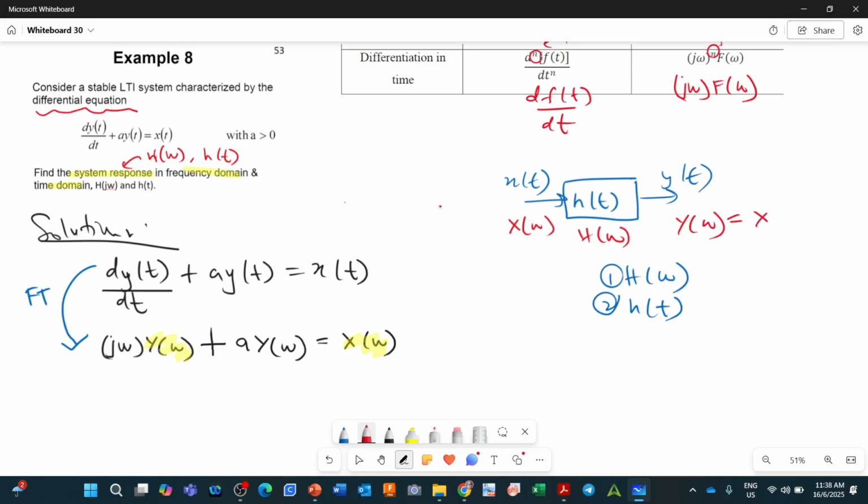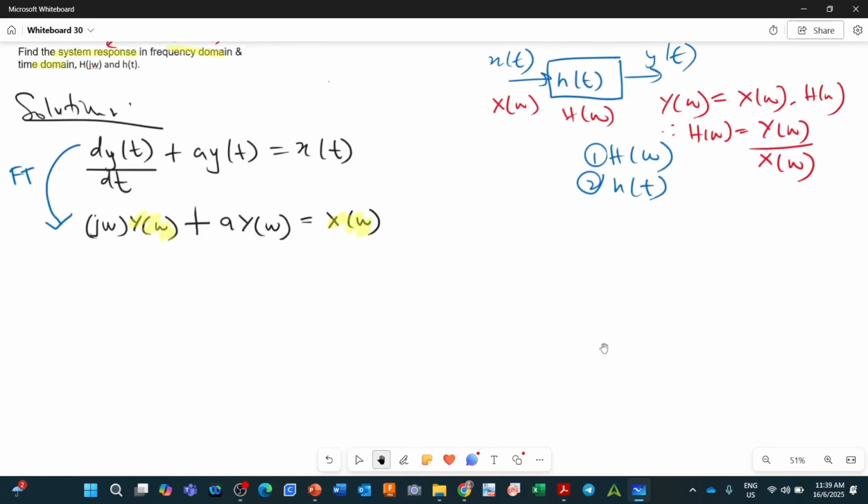So you have X(omega) times H(omega). Therefore H(omega) is equivalent to Y(omega) over X(omega). Can you follow? Is it too fast? Too slow?